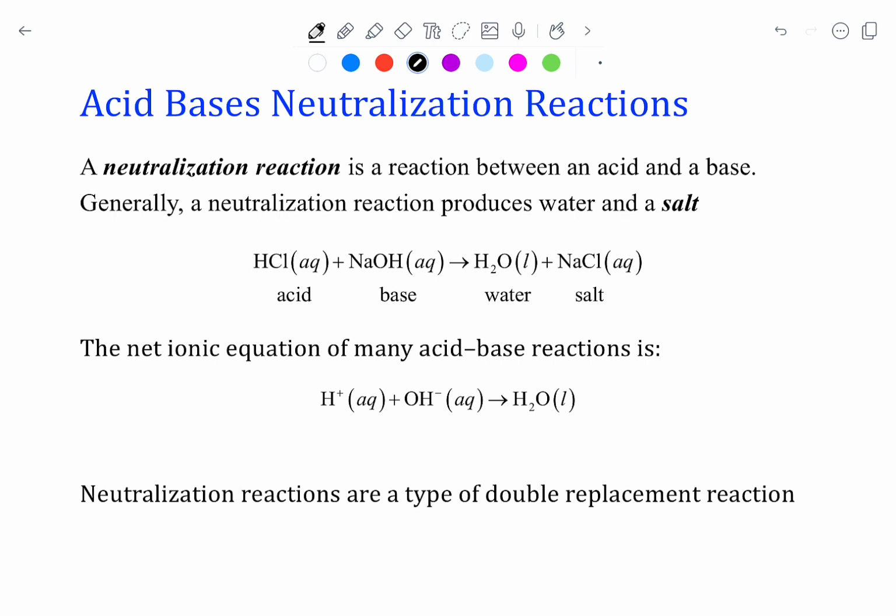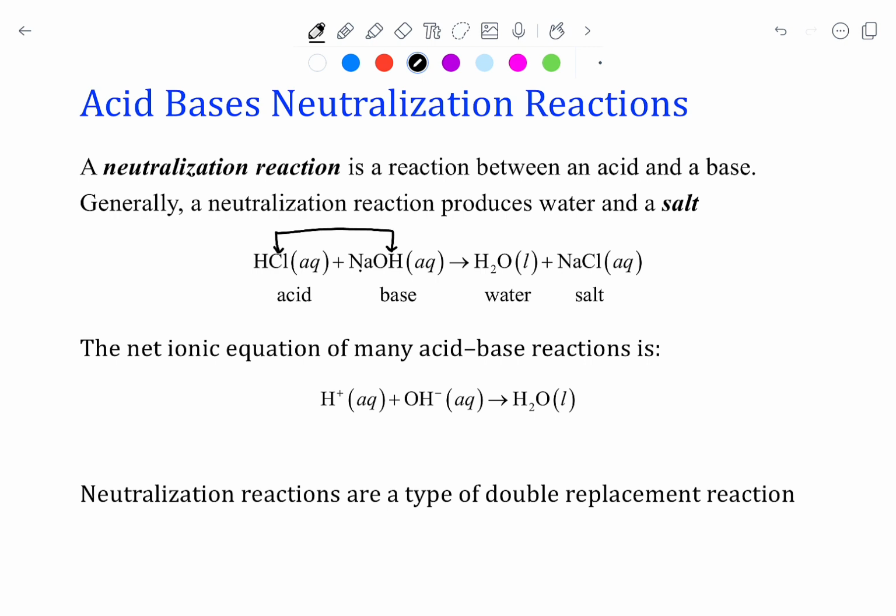Neutralization reactions are a type of double replacement reaction. So if you recall from our previous lesson where we learned about precipitation reactions, which were our type of double displacement reactions, we saw that the cations swapped their anions with the other reactant. And that's exactly what's going on here. So we see Cl and OH switching places.